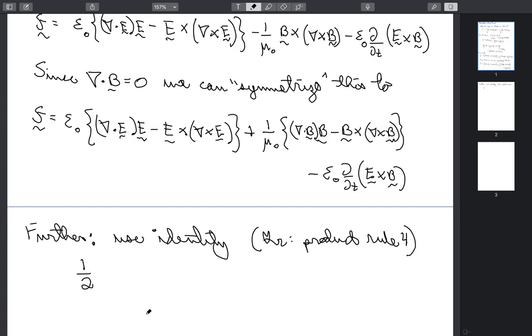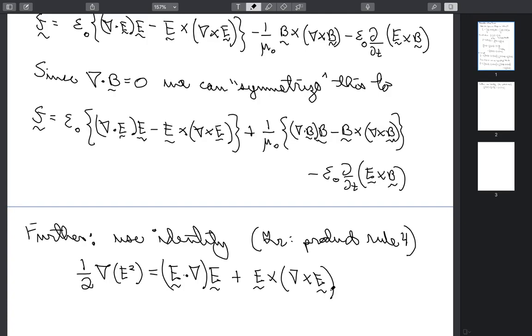It's an identity for two vector fields A, B, but you just put both of those to the electric field. And what that tells you is that the gradient of E squared is going to be E dotted into the gradient applied on E plus E cross curl of E.